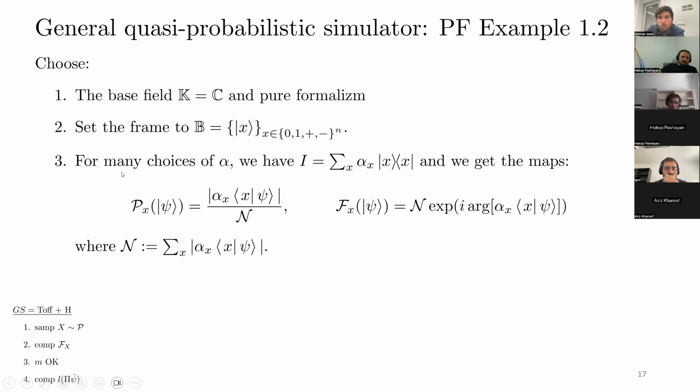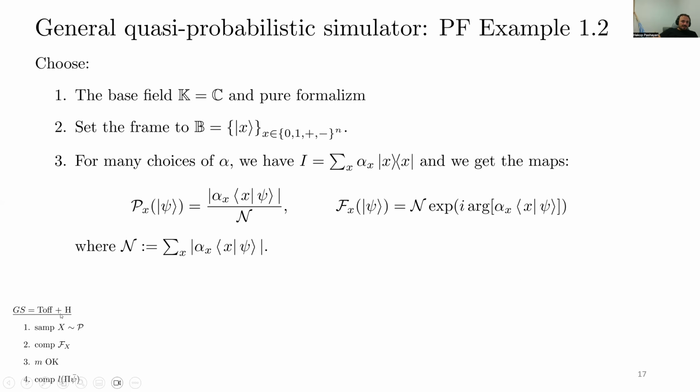So again, a natural setting for this is the Toffoli plus Hadamard gate set. And in this gate set, again, sampling is easy. Computing these Fs is easy. And if we want to know how M grows, we'll first note that now the Hadamards are free because this frame is preserved under the Hadamards.